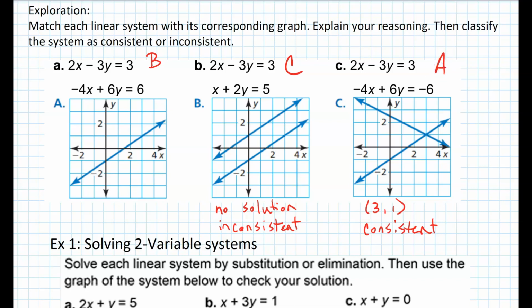And again, if you put those both into slope-intercept form, we find that they are the same line. How many solutions would that system give us? It is infinite solutions. All real solutions?